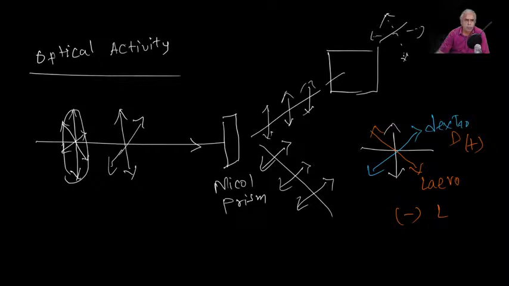And as far as organic compounds are concerned, if any organic compound is found to be optically active, it should satisfy certain conditions. And what are those conditions? Take down. Conditions to exhibit optical activity.